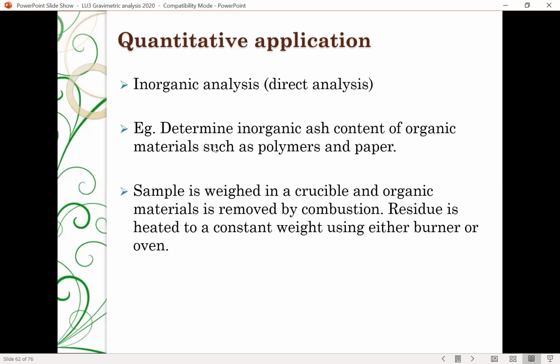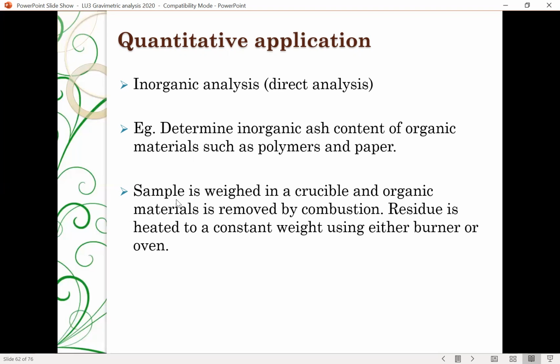For example, we want to determine the inorganic ash content of organic materials such as polymer and paper. Okay, let's say we have our sample, polymer and paper.